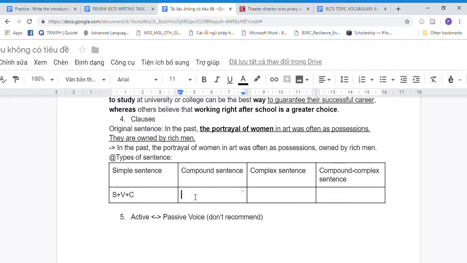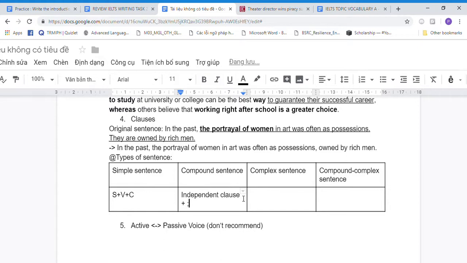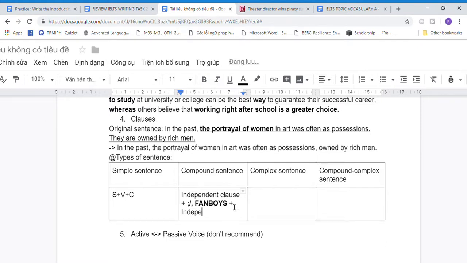And then the compound sentence: the structure is one independent clause comes with the semicolon, or people can use fanboys, with another independent clause.